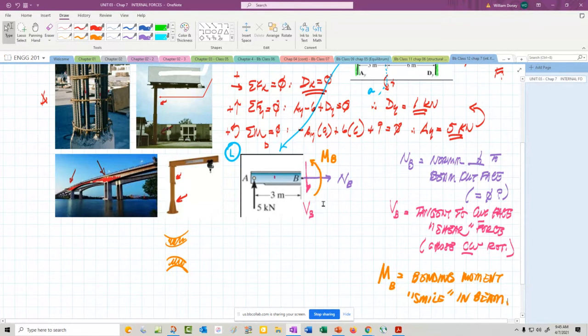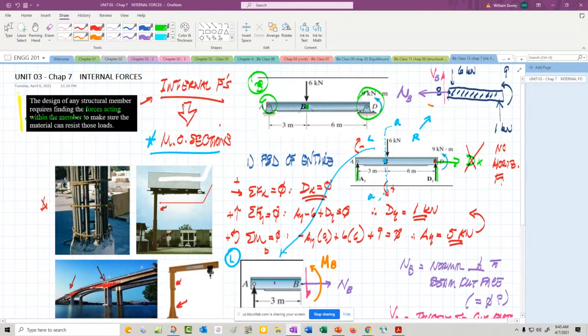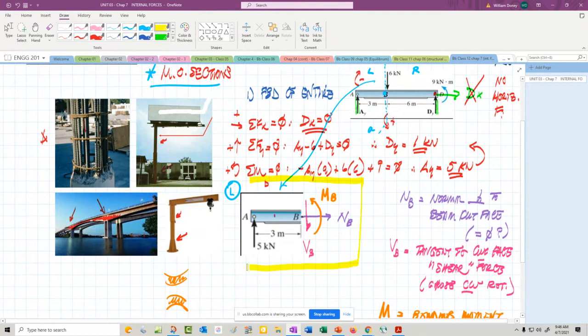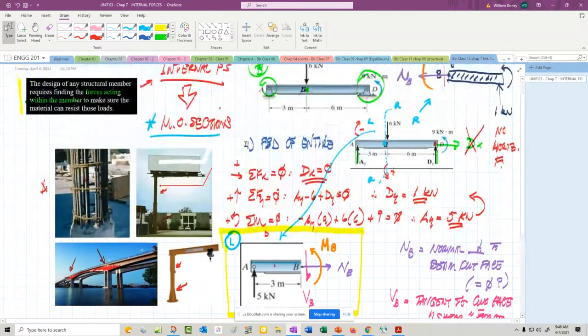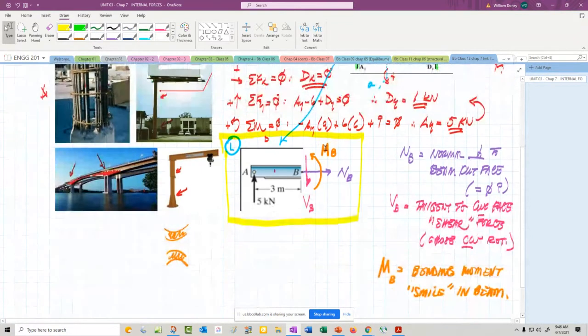Meaning if it's on the right side that I just drew on this left section, it'll be this way. If I go back up to here, it has to be opposite, so on the left face it'll be that way. And this is very important. This is how we're going to set up all of them. I mean, we could use the right one up here too. But as far as on the face, that's how we're going to set up those three internal forces or loadings.